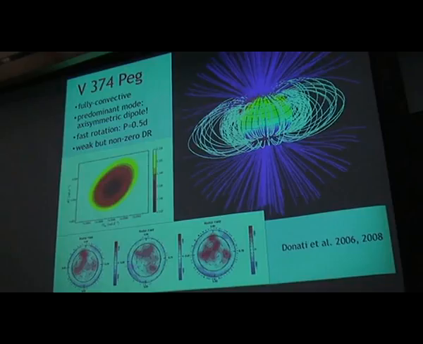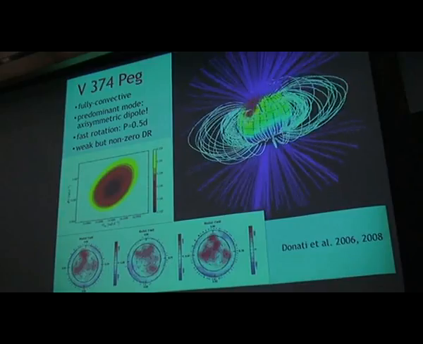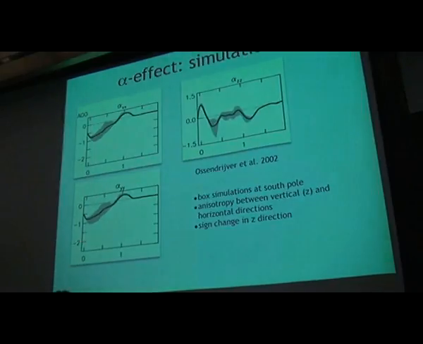Okay, so let's first try: is there some alpha squared dynamo that can produce this field structure? The alpha effect as computed by the second order correlation approximation obviously won't do it. So what do simulations tell us?